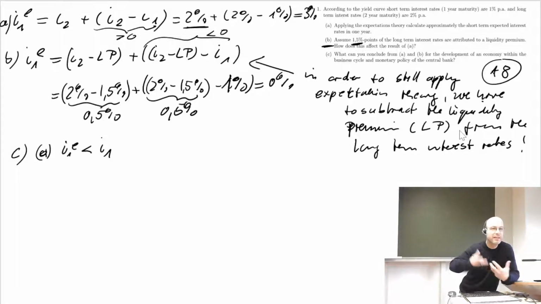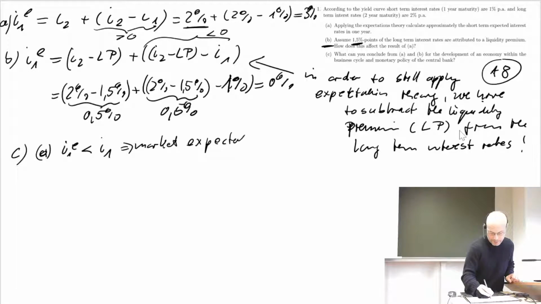And what was the interpretation behind this when these are market expectations? So market expectations are that interest rates are rising.